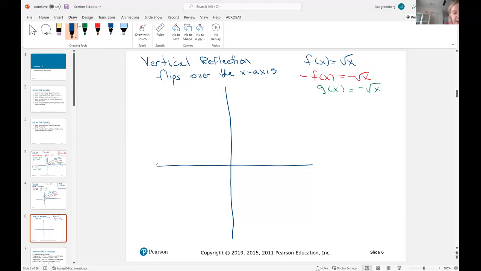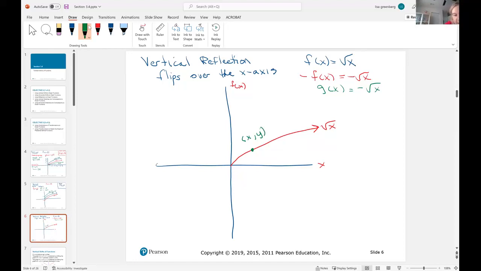So if I say that square root of x looks like this, then negative the square root of x, remember, all my values are positive here in the y direction, right? Now, if I say negative, every value here, so let's say this is x comma y.